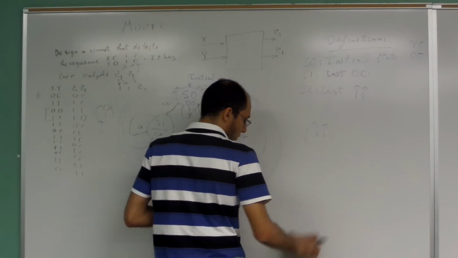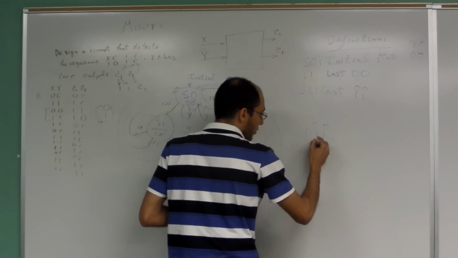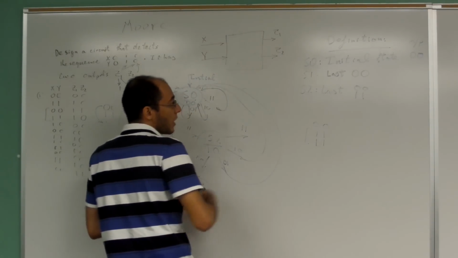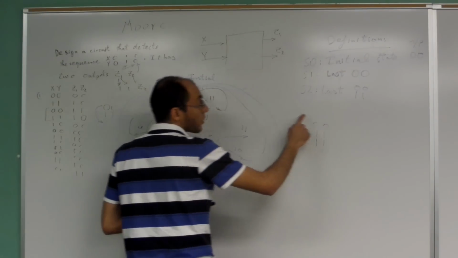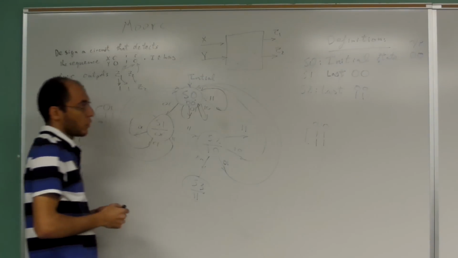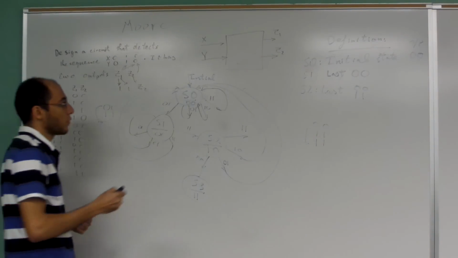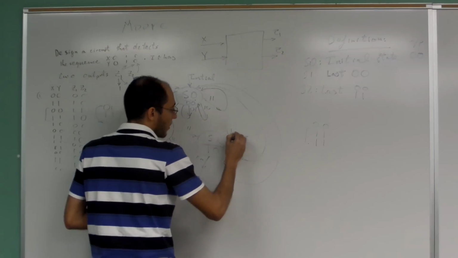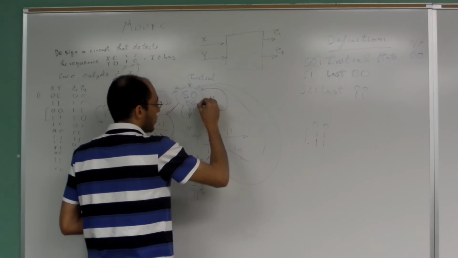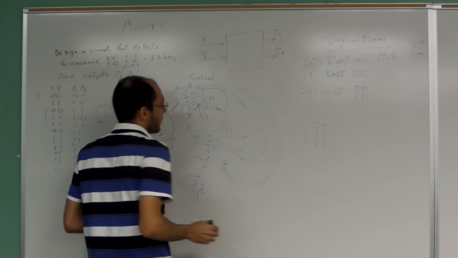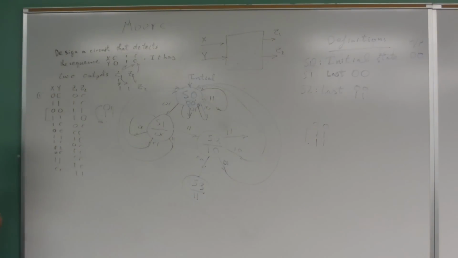Receiving 1, 1. What does 1, 1 represent? It represents that we have received 0, 0, followed by 1, 1, followed by 1, 1, which is not a part of the sequence that I'm looking for, and that is why 1, 1 is going to route back to state S0 again.